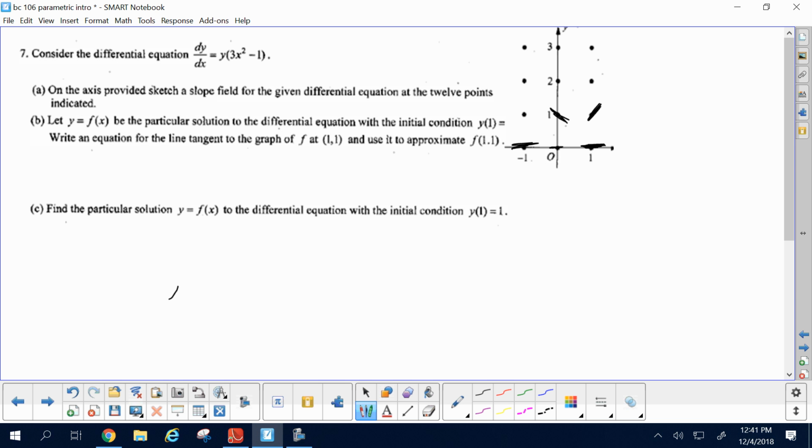Your slope's looking like that? Yeah. And then 2 times -1, so -2, -3, and this is maybe 2, so 4, and 2, 6, so really steep. What are these? Are these negatives?